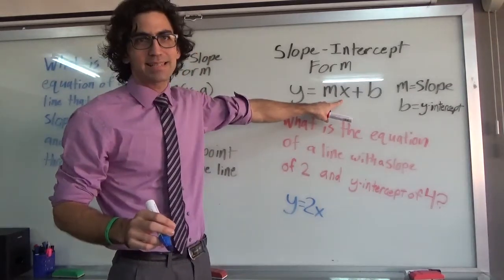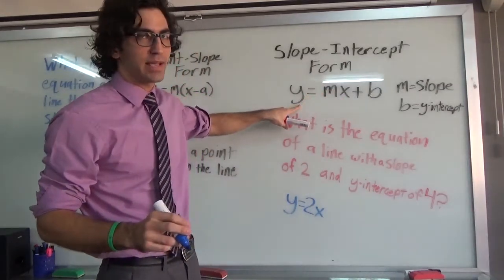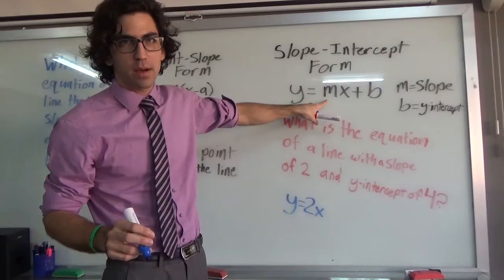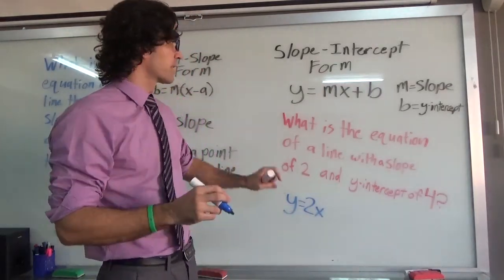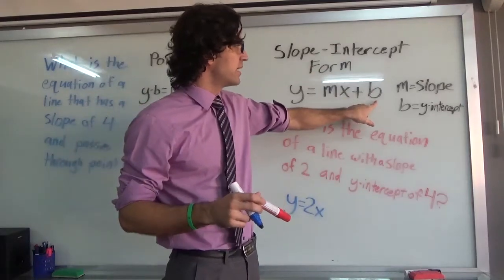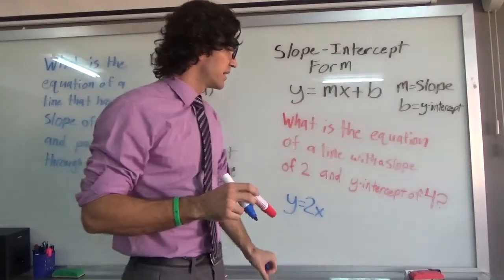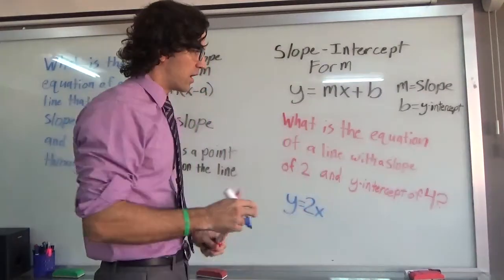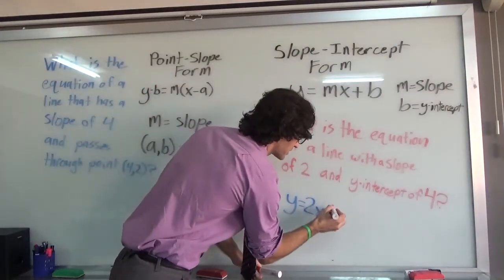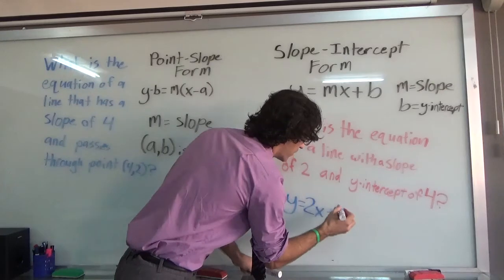Again, x stays the same, y stays the same, m becomes a number for the slope. So we have a slope of 2. And the b is the y-intercept, and it tells us our y-intercept is 4. So all I have to do is say plus 4.